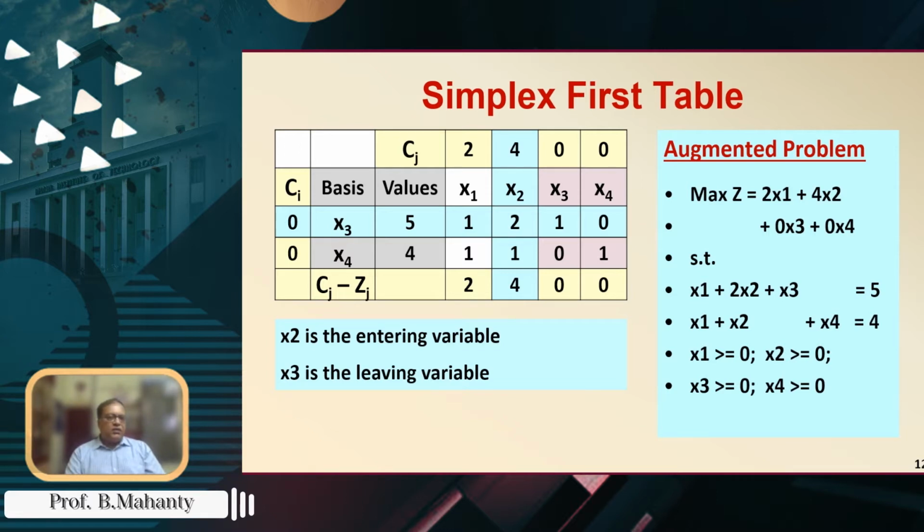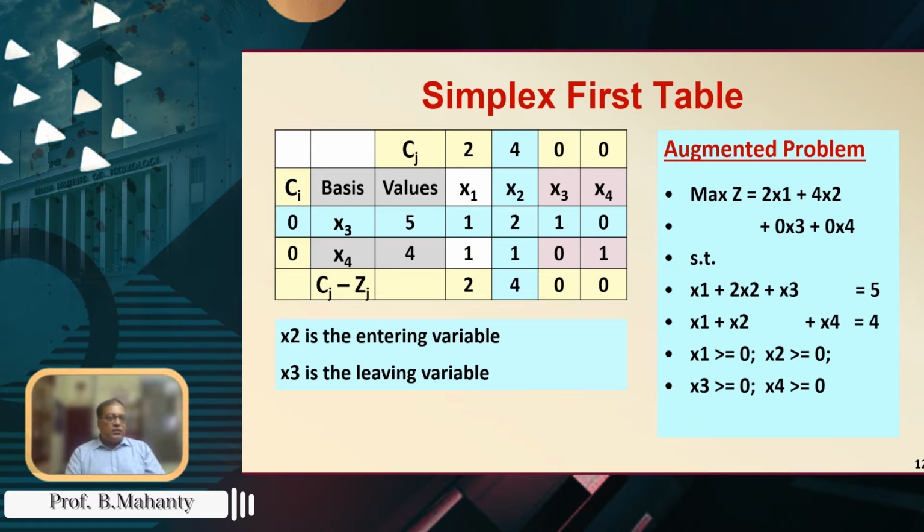And the Ci values are 0 and 0 because these are the slack variables, associated with 0 coefficients in the objective function. So the Zj would be 0 initially, and Cj minus Zj will be 2 minus 0 equal to 2, 4 minus 0 equal to 4, and obviously the variables in the basis must be zeros. Since 4 is the highest and it's a maximization problem, x2 would enter the basis.